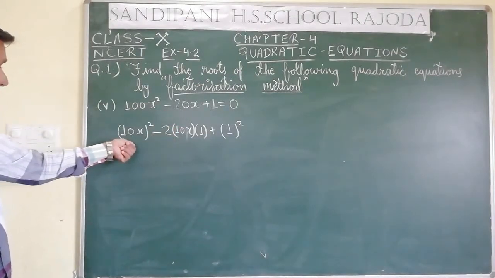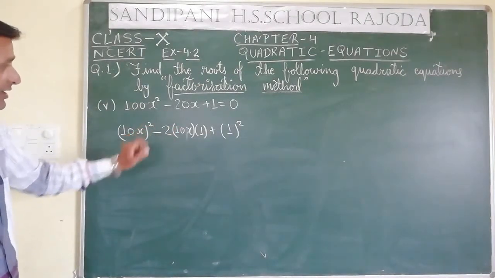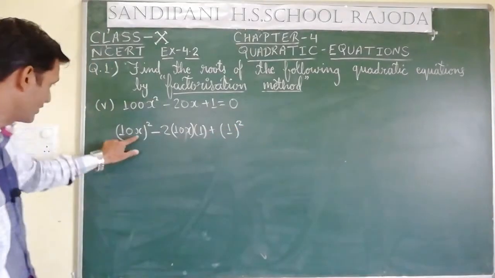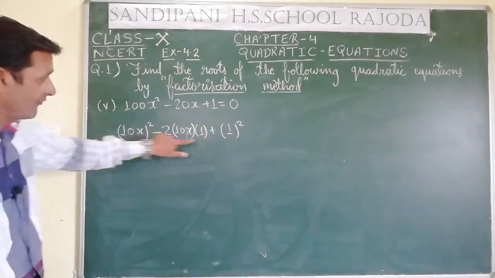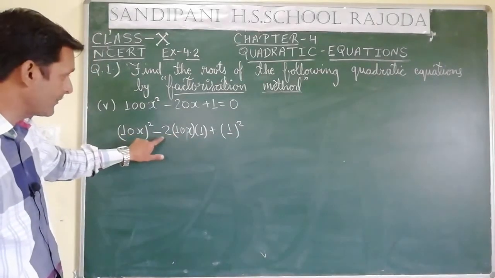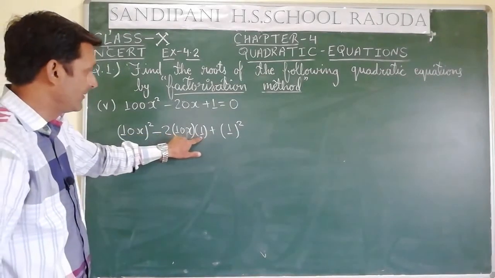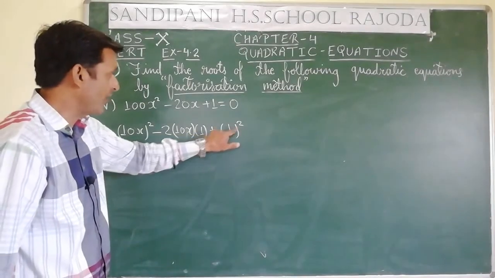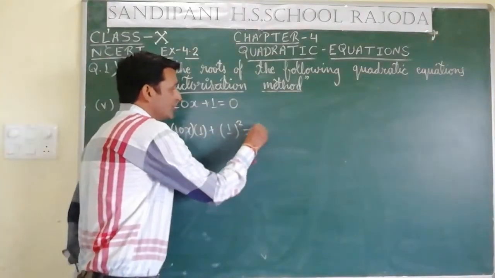Because the value of a is clear and the value of b is clear: the value of a is 10x here, and the value of b is 1 here. So you may write it as 10x whole square minus 2 into 10x into 1 plus 1 square is equal to 0.